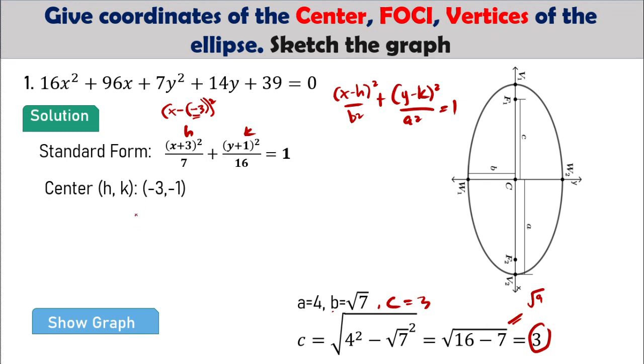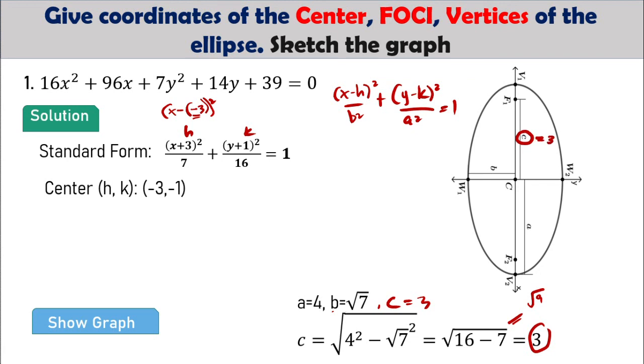Now we have the focus. As I've said, the distance from the center to the focus is C. We know that C is 3.